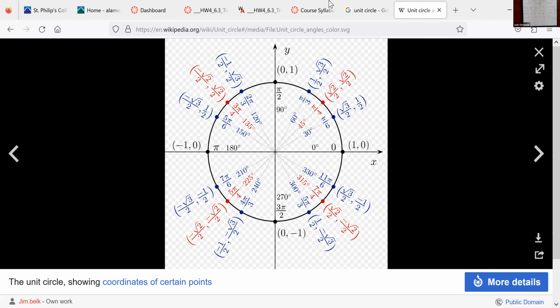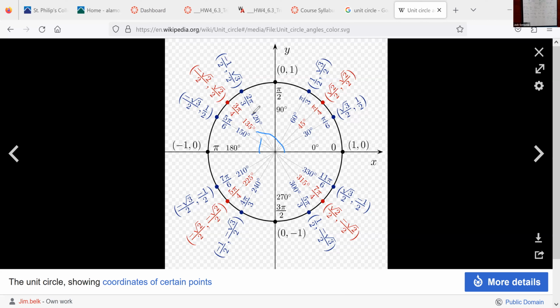Just in case, what is the reference angle for 135? So I went all the way up to here. What's my reference angle? In other words, what's the distance from this angle to here? 45, right?